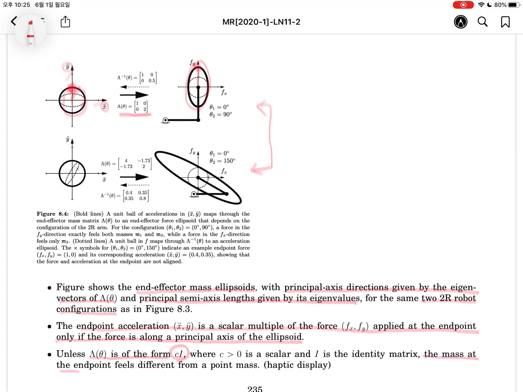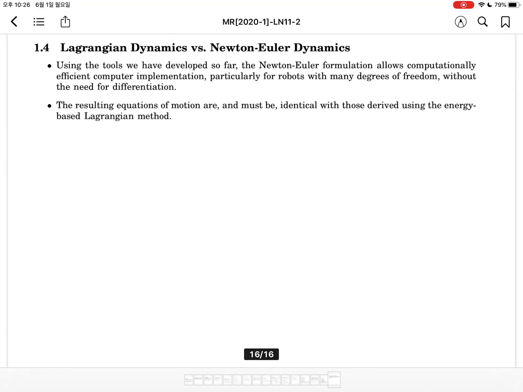Here the mass at the endpoint feels different from a point mass. This kind of subject is the topic of haptic display, another academic field related to robot systems.